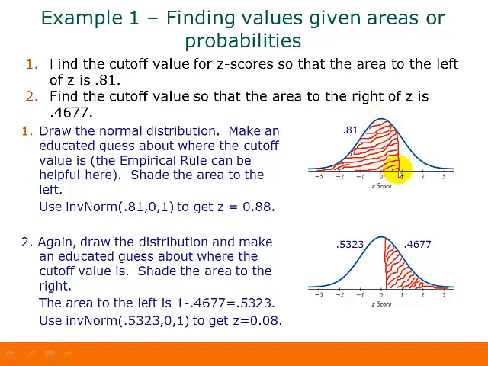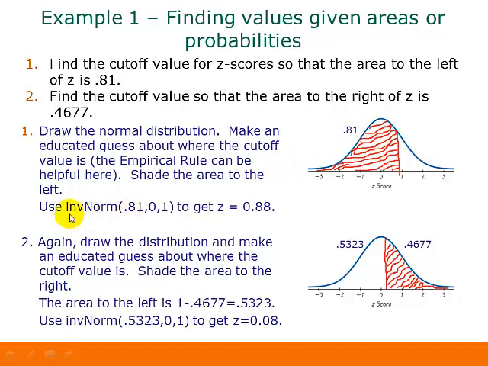So since we're going to the left of z, we want this to be above the mean so that the left of that will include more than half of our graph. So I just made a guess about where the z might be, shaded from there to the left. So the idea is that this is the value we're trying to find, what value of z this is. Our area under here is the 0.81.